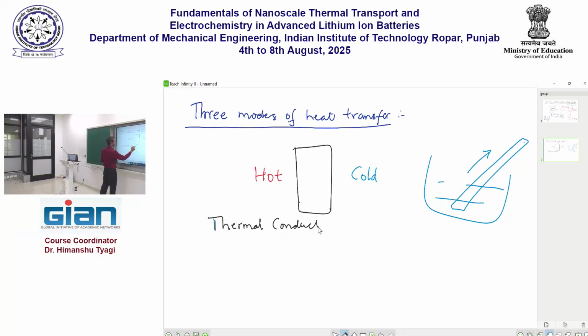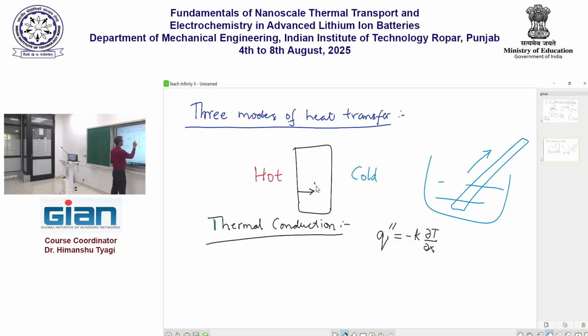And it turns out that the amount of heat that flows depends on the material. If I take a steel spoon versus a wooden spoon, the amount of heat that will flow across the two will be very different from each other. Mathematically speaking, the amount of heat transfer that occurs is given by a very simple equation: Q double prime equals negative K dT/dx.